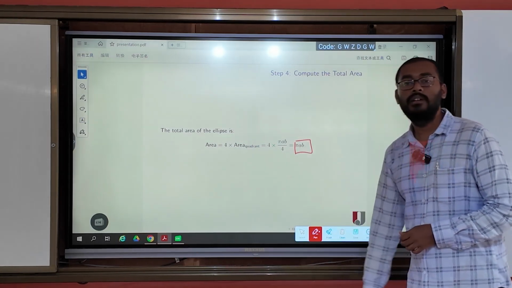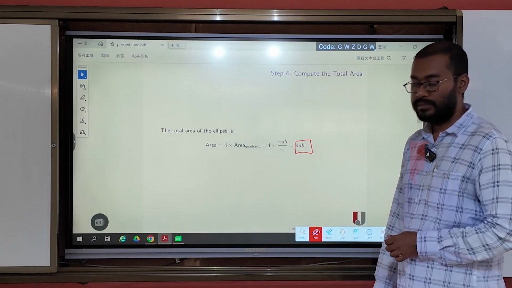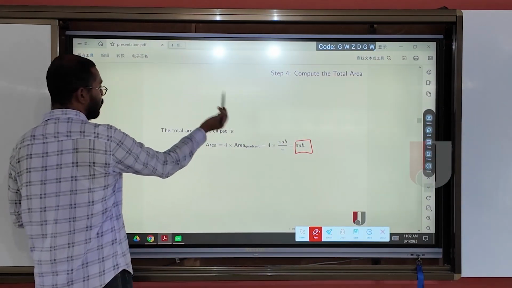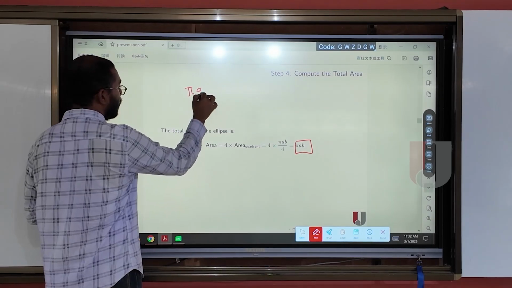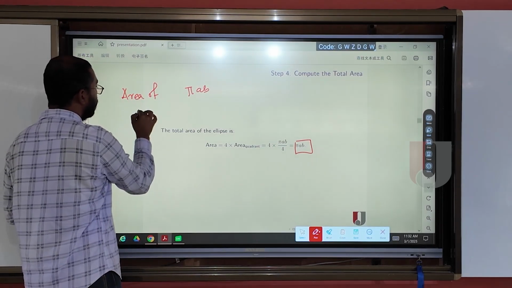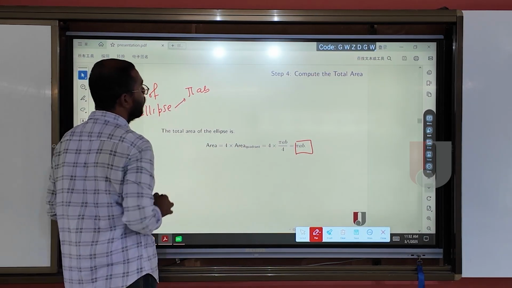This is the result for the area inside the elliptic curve. Now you can see that the area of the ellipse is pi ab.